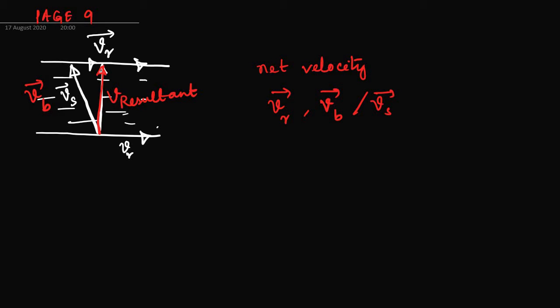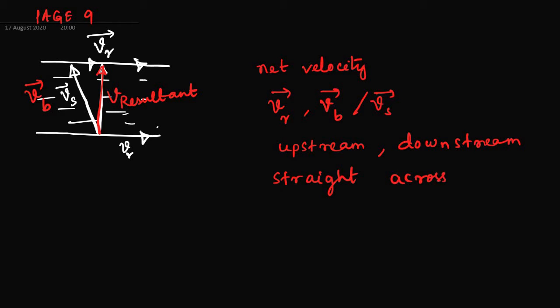Now again, you have to consider whether the boat or the swimmer is swimming upstream, downstream, or going straight across. If it is straight across, then it is the shortest possible path. Straight across means it must make a 90-degree angle with the velocity of the river.